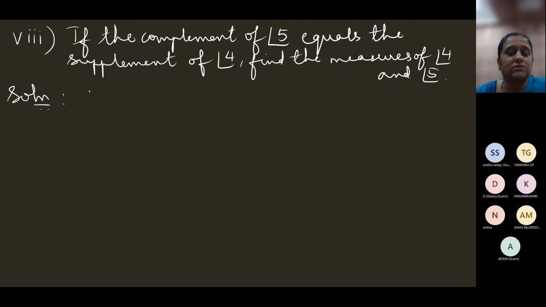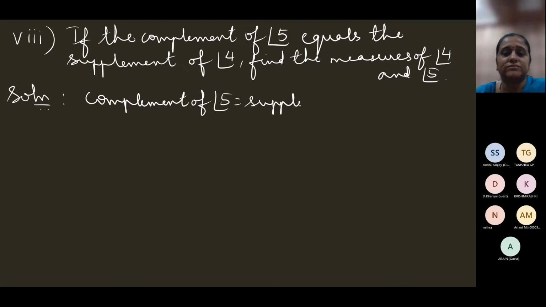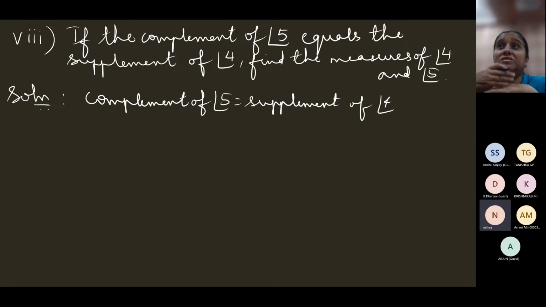Solution. The complement of angle 5 is equal to the supplement of angle 4. So what is the complement of angle 5, children? What is the expression? 90 minus angle 5, ma'am.